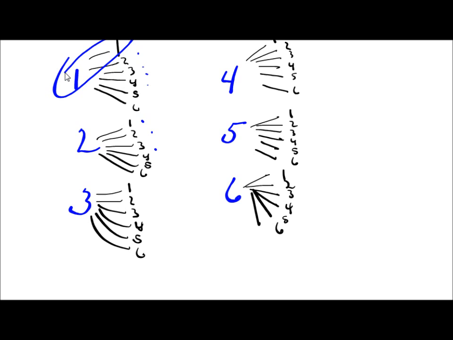The probability that the sum of the 2 numbers is 8, the probability that the sum is greater than 11, the probability that the sum is divisible by 10, and the probability that the sum is a multiple of 3. I'm going to leave this for you to do. You can construct the tree diagram and give these a try. Pause right here, and once you're done, we'll take a look at the solutions.